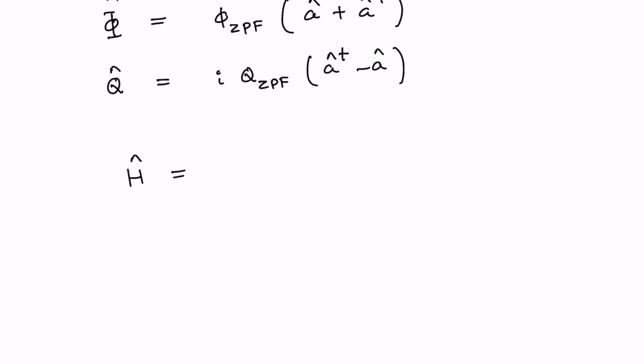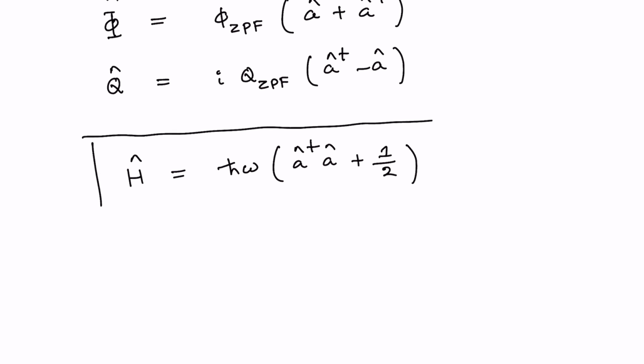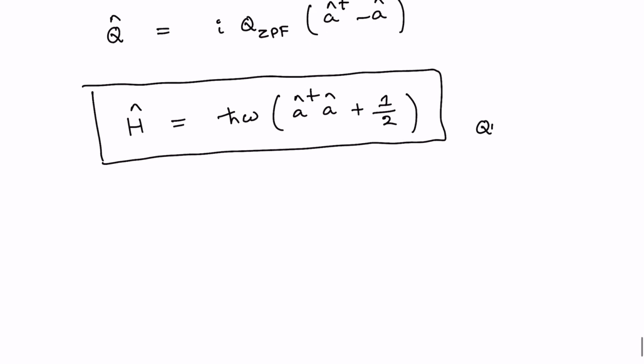H is equal to h cross omega times A dagger A plus half. So this is the usual looking Hamiltonian for a harmonic oscillator, and this is what we write for the quantized LC oscillator. As you can see, when quantization is done, the LC oscillator also behaves like a harmonic oscillator.